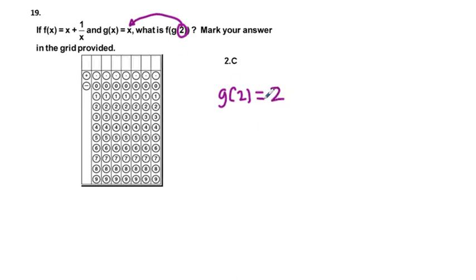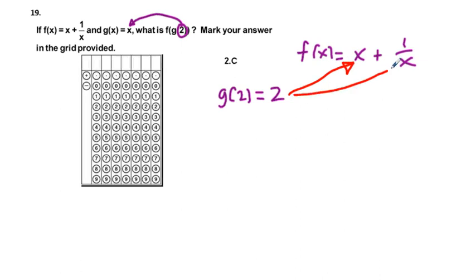And then we take this 2. I'm going to rewrite f of x equals x plus 1 over x. You take this 2, and we're going to plug this 2 in for this x and for this x over here. So f of g of 2 is equal to 2 plus 1 over 2.